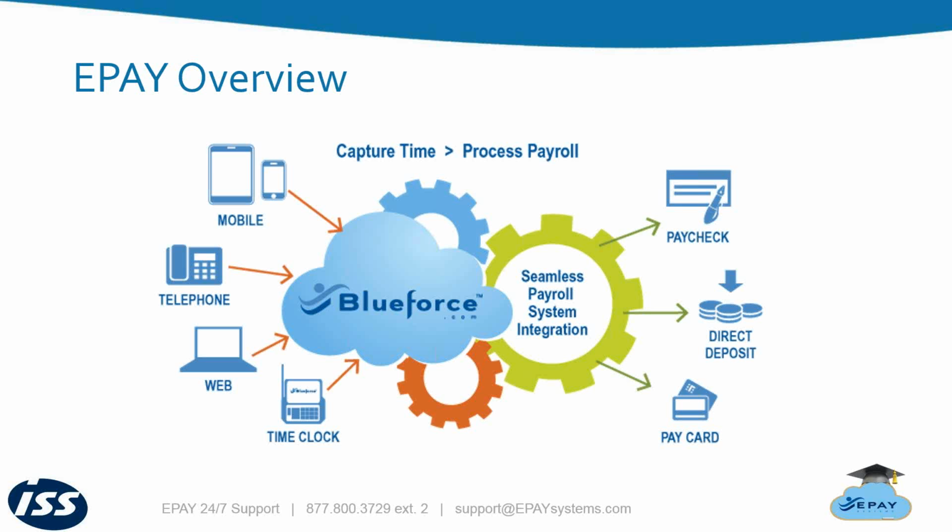At that point, we either print paychecks, which is very rare now, but mostly everyone will be on direct deposit or a pay card. So that is just a quick overview of the big picture of how ePay, Blueforce, and JD go hand in hand.